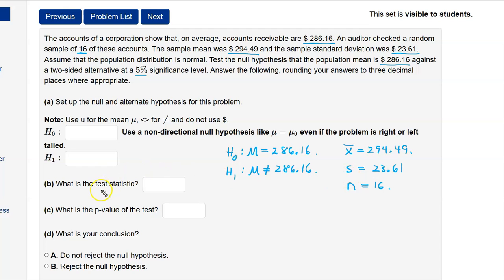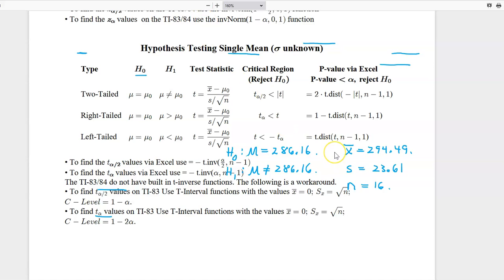Now we just need to calculate our test statistic and then the p-value. If you look back in the formula sheet, recall that for a hypothesis test with sigma unknown, this is how you calculate your test statistic.